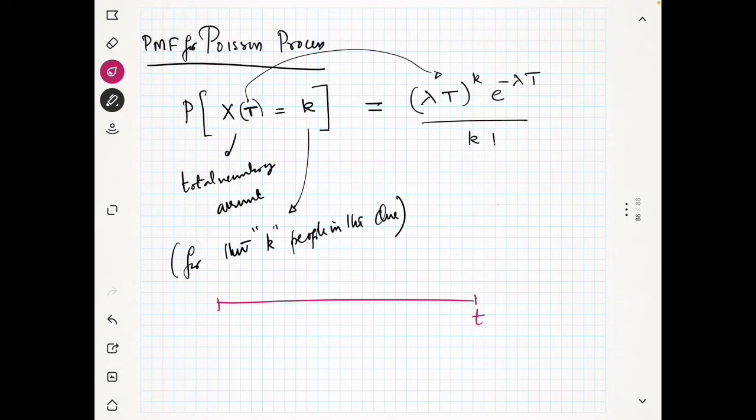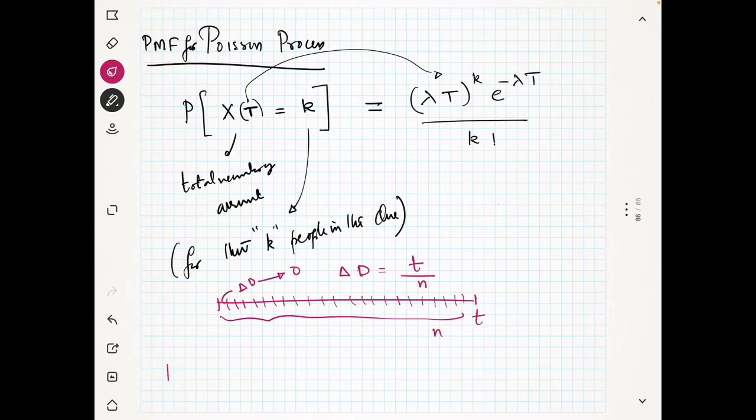Now you can divide the whole thing into small blocks, so that the block duration delta D tends to 0, and delta D will be equal to T by the number of pieces. Suppose n is the number of pieces, so T by n.